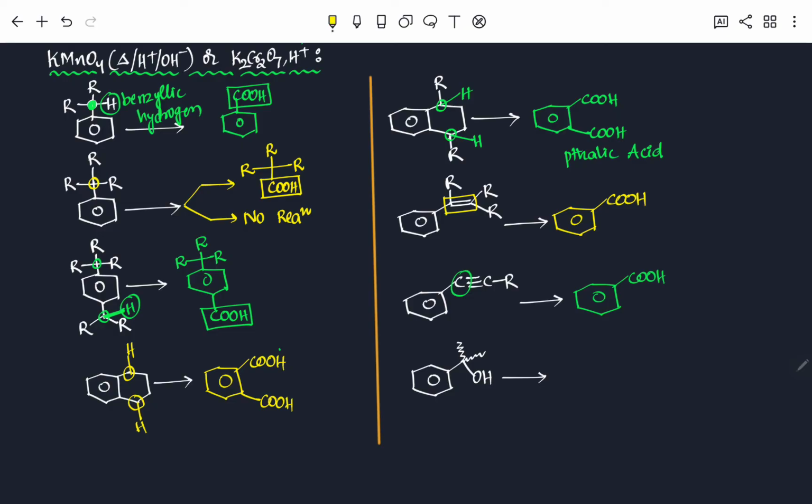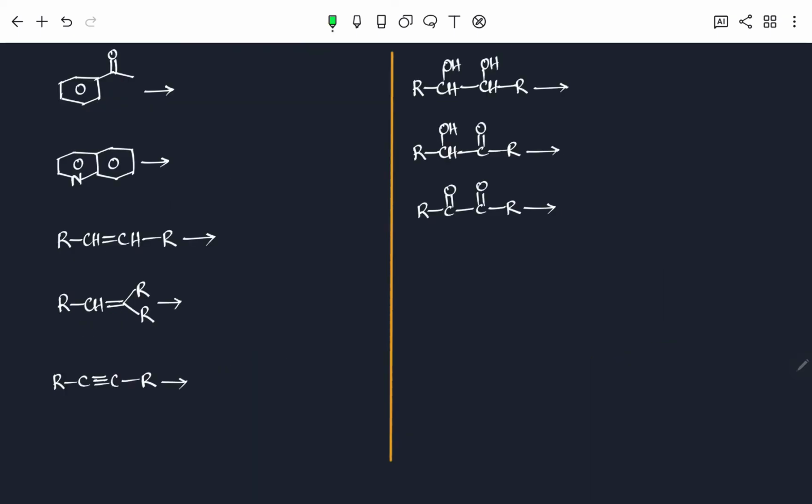Next example, benzene next carbon, it can be primary alcohol, secondary alcohol, or tertiary alcohol, and the entire chain will be converted into carboxylic acid. Benzene next carbon ketone.